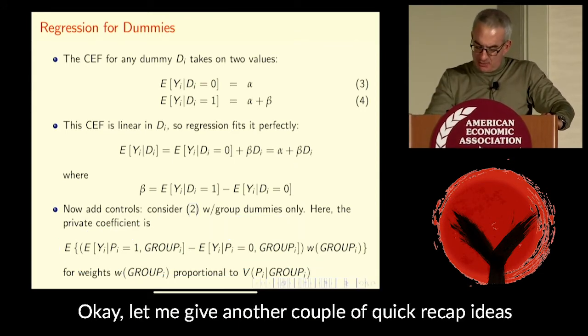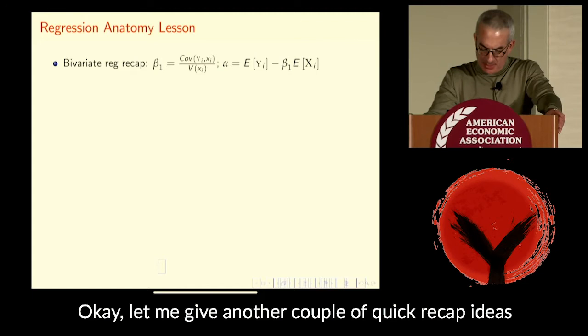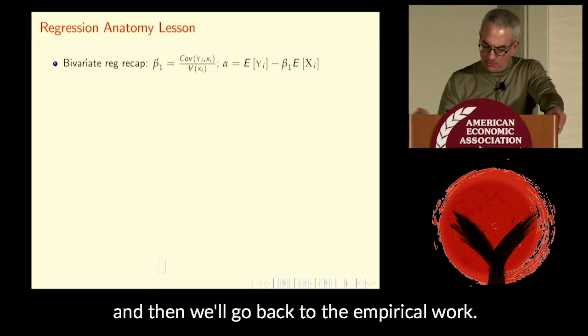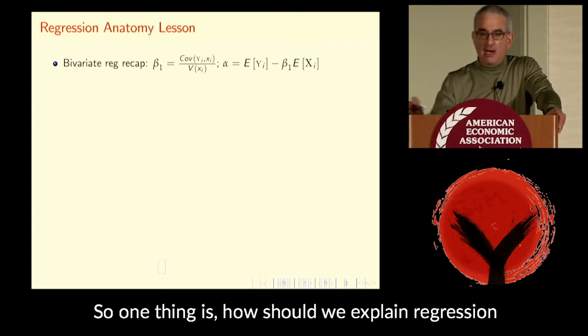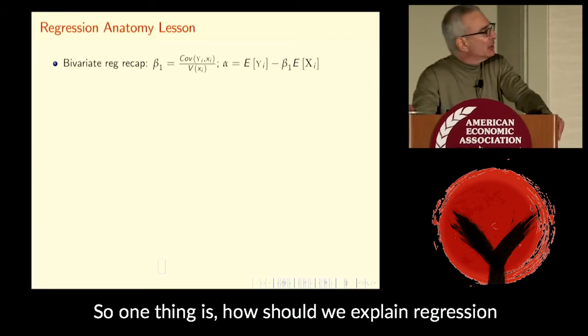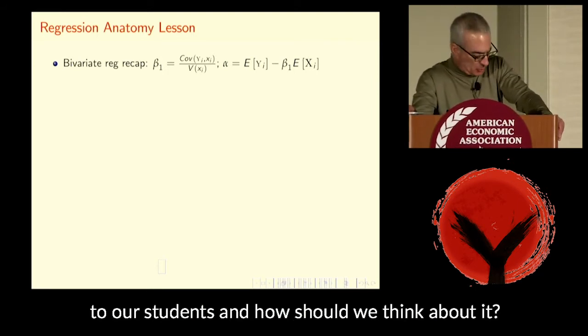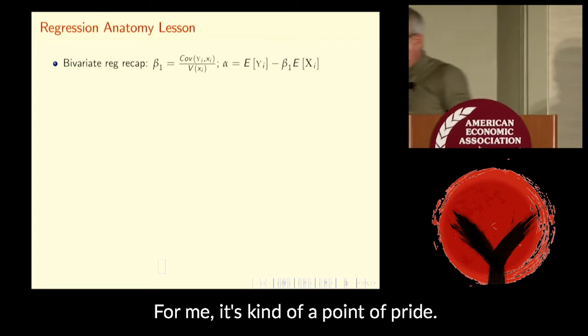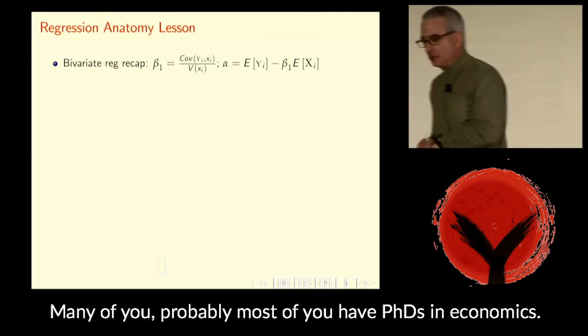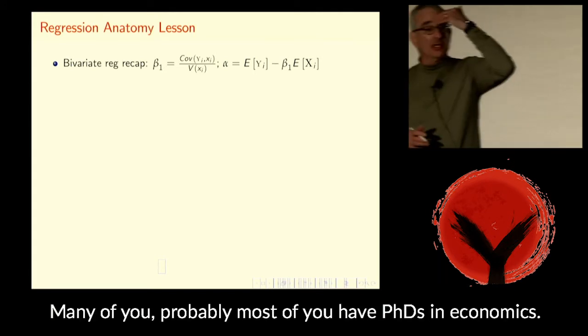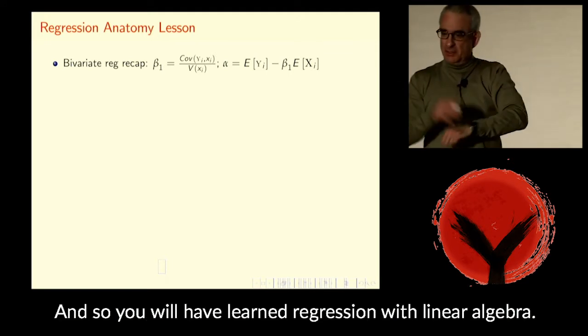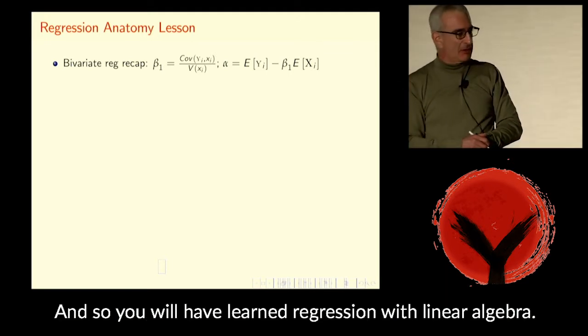Okay, let me give another couple of quick recap ideas, and then we'll go back to the empirical work. One thing is, how should we explain regression to our students, and how should we think about it? For me, it's kind of a point of pride. Many of you, probably most of you, have PhDs in economics, and so you will have learned regression with linear algebra.